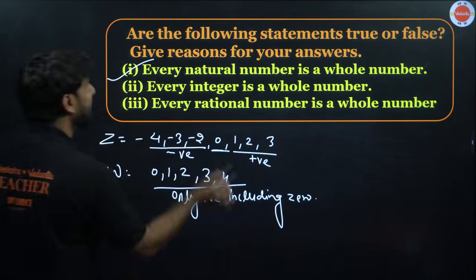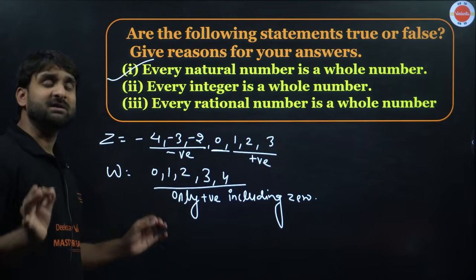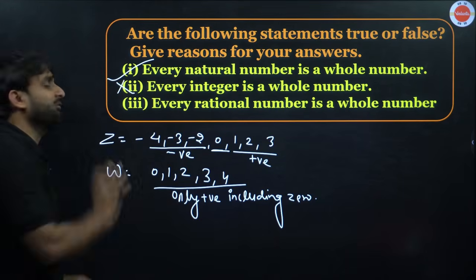So every integer is a whole number is absolutely a wrong statement, false.